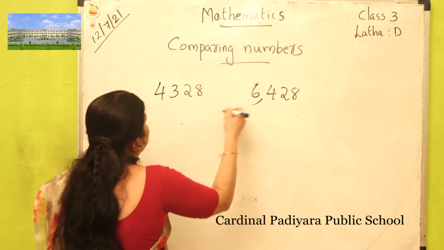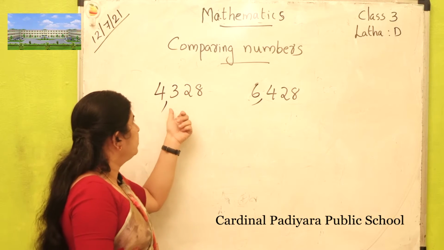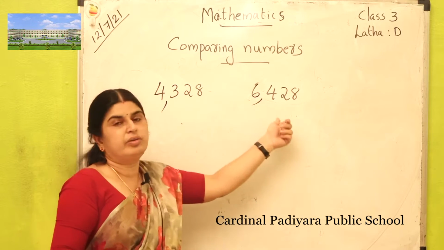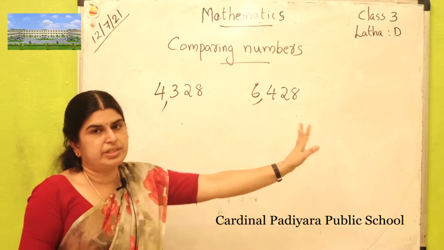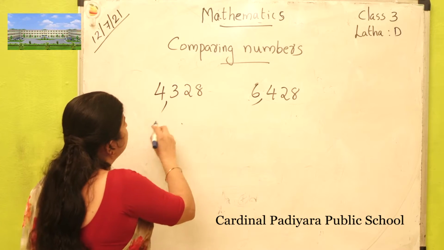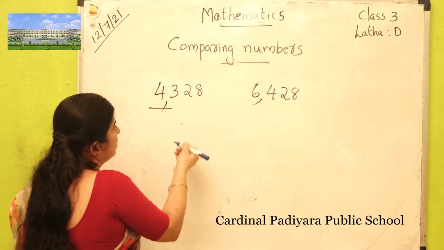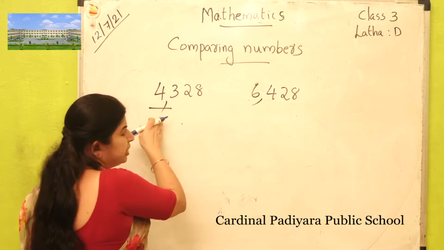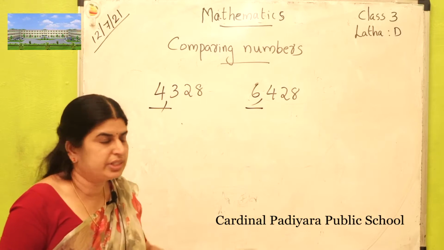Look here. First of all, count the digits. Here 4 digits, here also 4 digits. How to compare this? We compare the leftmost digit of each number. 4 is the leftmost digit of this number and 6 is the leftmost digit of this number.